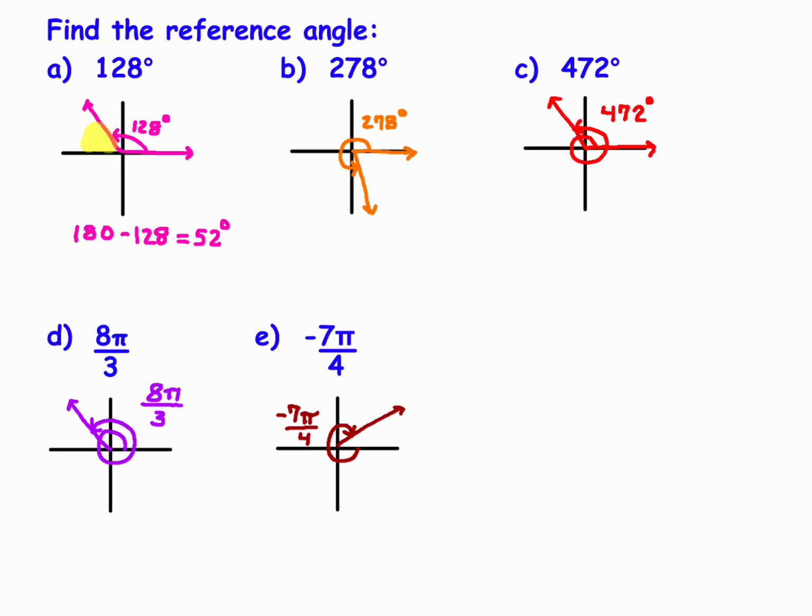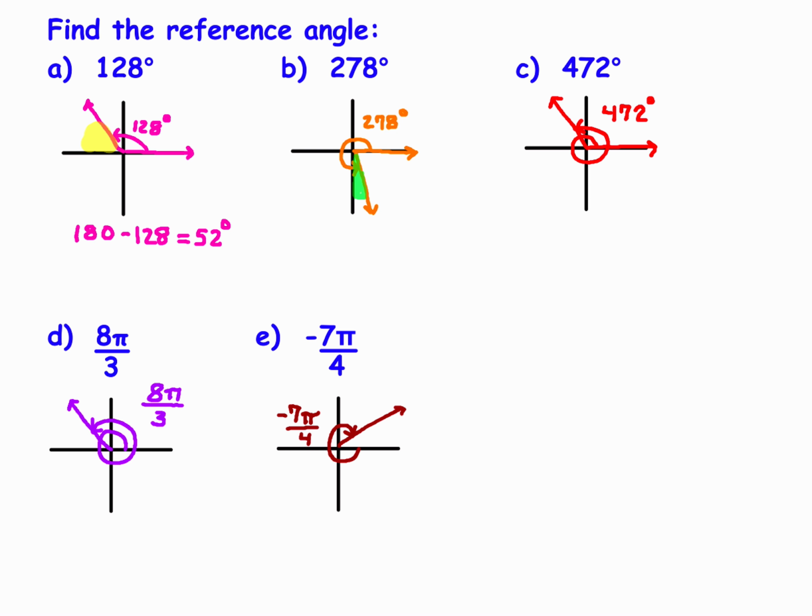Now look at 278. That green wedge is the reference angle. Oh, wait, check the criteria. Is one side of the angle the terminal side of 278? It is. Is the other side on the x-axis? It's not. This is a very common error that a lot of students make.